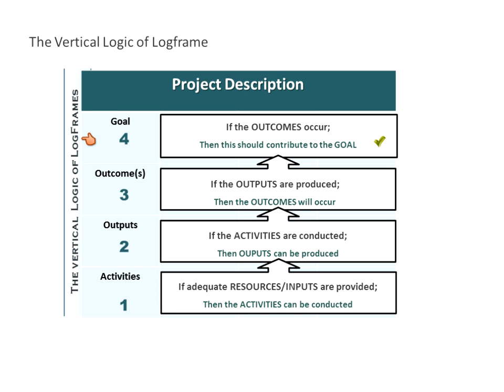So the vertical logic of the Logframes works something like this. The way that I like to understand or read the logic is that I say, okay, you have to do activities to accomplish outputs. You have to accomplish outputs to contribute to outcomes. You have to do outcomes to contribute to your goal.